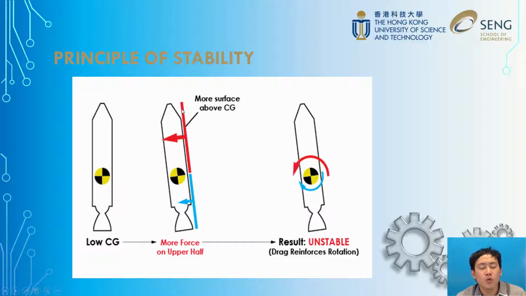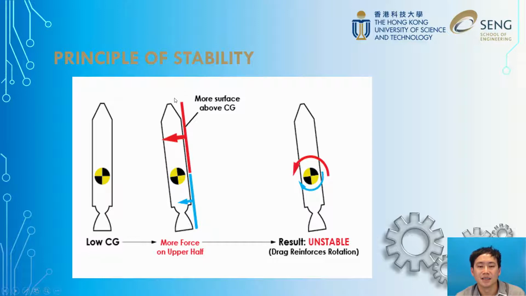So these air particles hitting the side of the rocket will generate a force. And because the center of gravity is towards the bottom part of the rocket, the force above the center of gravity is a lot larger than the force below the center of gravity.